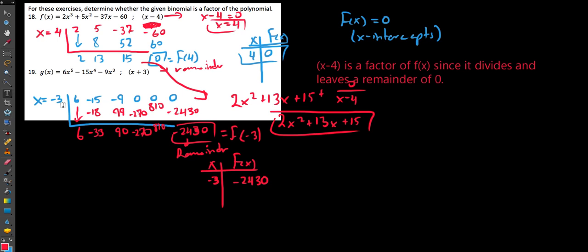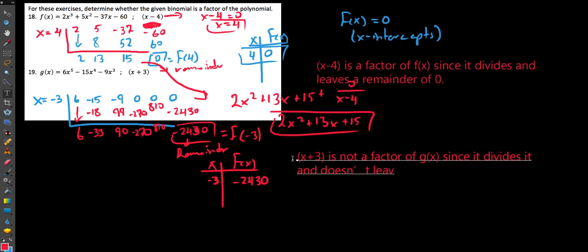So in this case, we would say that x plus 3 is not a factor of f of x, or in this case, pay attention, g of x, since it divides and leaves a non-zero remainder. This is what I want you guys to be checking for when it comes to checking whether something is a factor or not. Cheers.